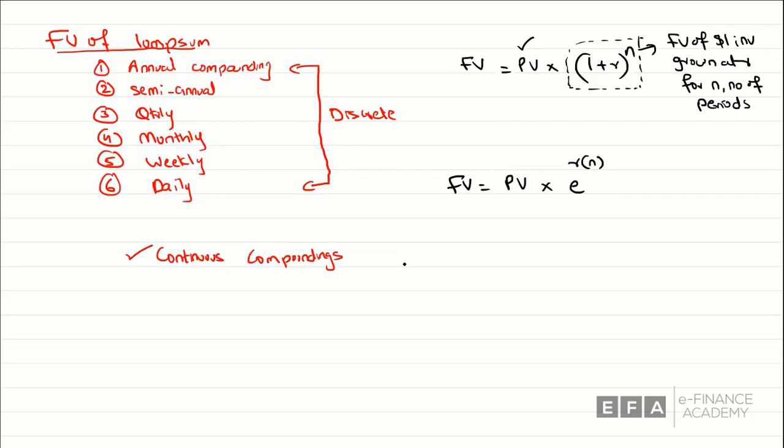R in this case is the annual rate of return. We use annual rate. Previously, we said R was quarterly rate, monthly rate, weekly rate, daily rate. We could count it, but since we can't count the number of compoundings, we are going to use annual periodicity here. So R should be the annual rate, and N will be the number of years.